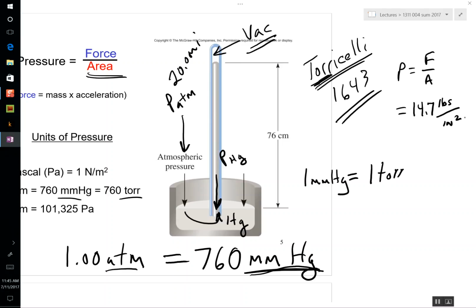You will see it as 14.7 psi, pounds per square inch. Automobile tires vary, but typically are inflated to about 32 psi, which would be about 2 atmospheres. So you have 2 times atmospheric pressure inside your automobile tires.